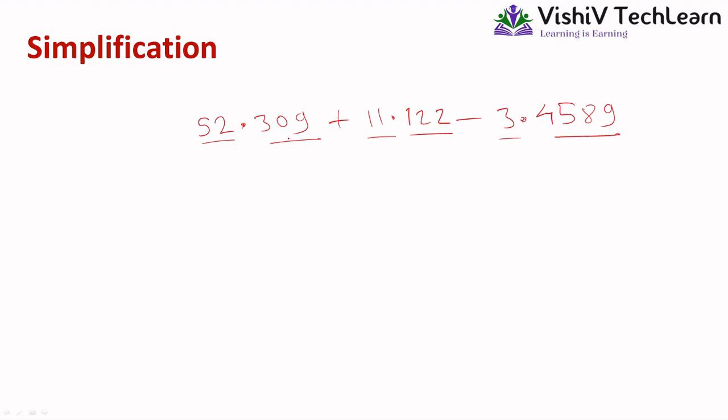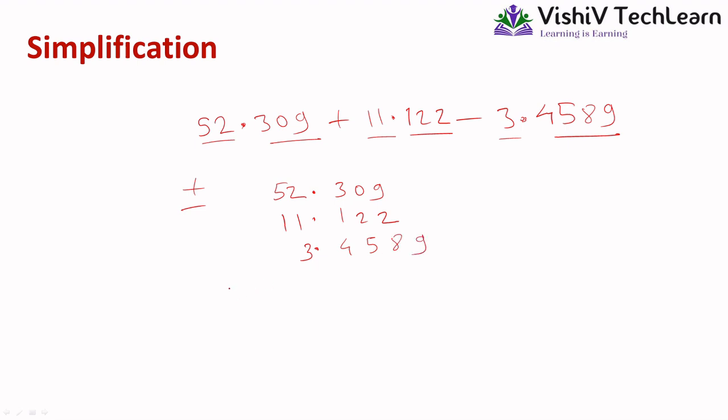So while doing this addition and subtraction, we have to take care that the decimals will be just below each other. So here we can write 52 and the remaining figures on this side, then we can write 11 here and the remaining figures on this side, and we can write 3 here and the remaining figures 4, 5, 8, 9 over here.